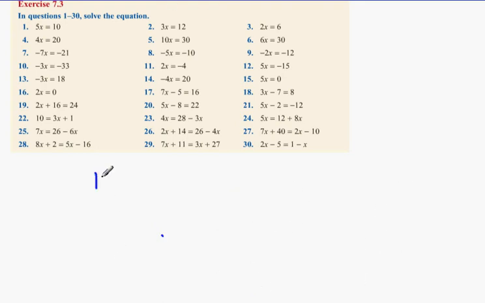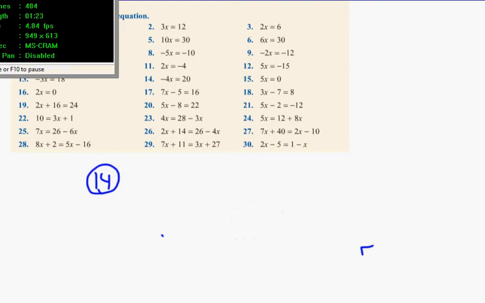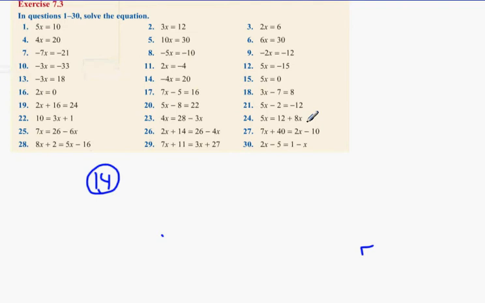Now there's a trick you're allowed to do in maths. We are going to do 14, but we'll do one of the easier ones again, okay? 4x equals 20. What this question means in English is, 4 times what number is 20? And what can you tell me? 5.